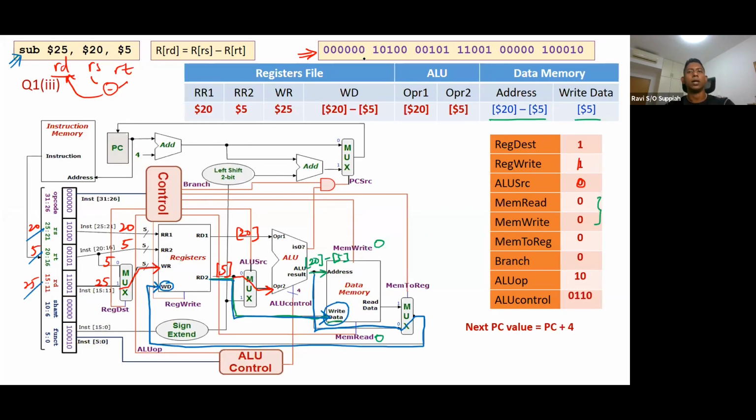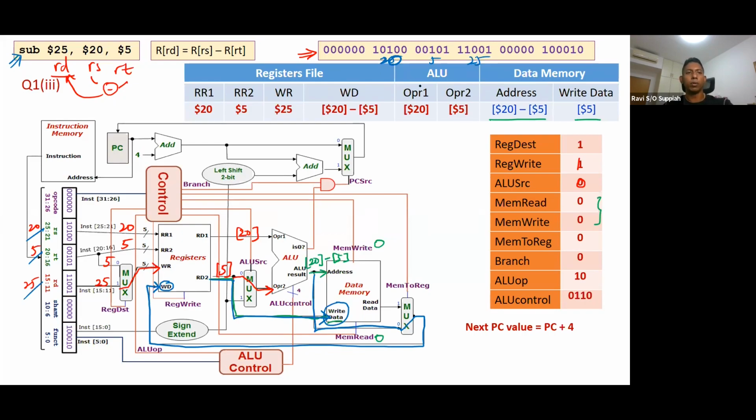So 25 will appear here, 5 will appear here, and this is 20, 5, and 25. It will appear here in terms of the actual register you want to access.